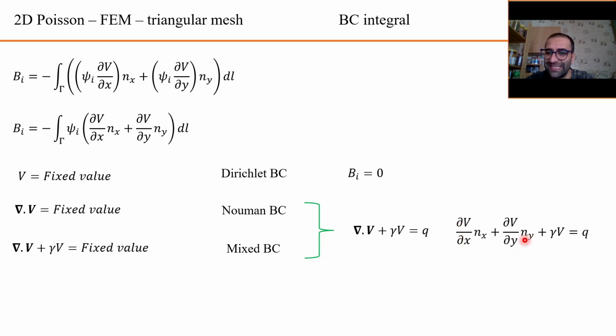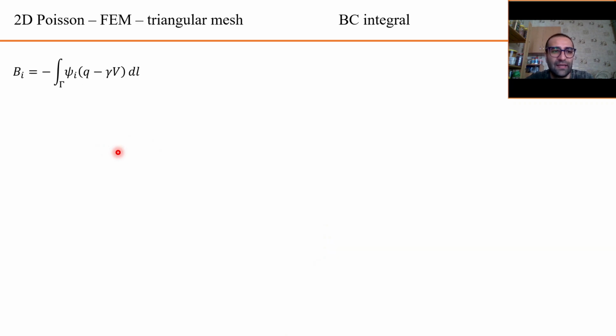We can see that this term that we achieved here appears in this boundary integral. If I rewrite this equation, I can write this term to be q minus gamma psi. If I substitute this term with q minus gamma psi in this boundary integral, all I need is to calculate the boundary integral only for the mixed or Neumann boundary condition, and I can find a relation from the boundary condition to simplify this integral like this.